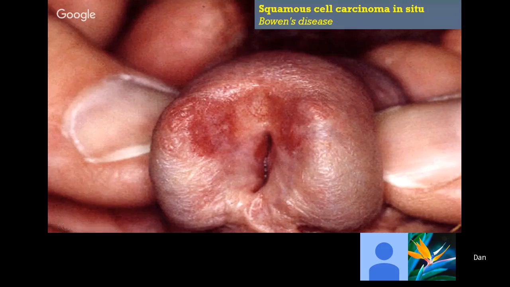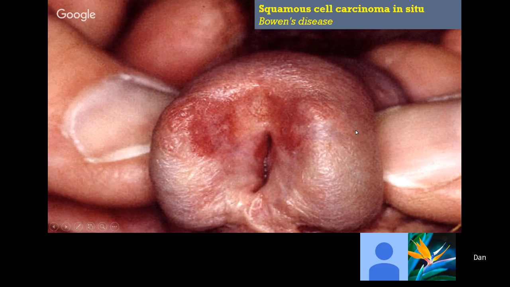So this is an example of Bowen disease, which is a squamous cell carcinoma in situ in the penis. And usually it doesn't do much, and it doesn't grow very deep. But the treatment usually is early.